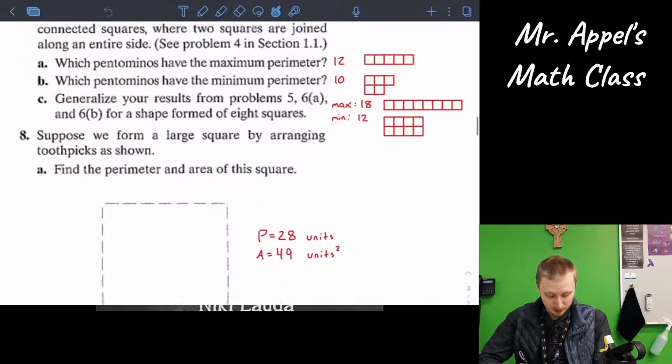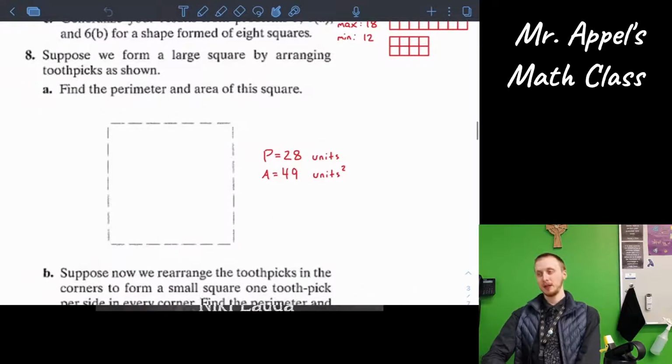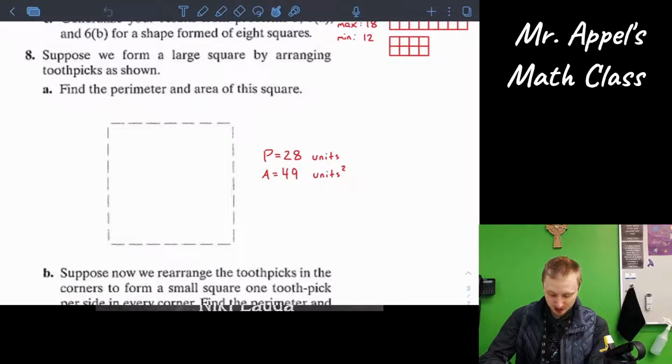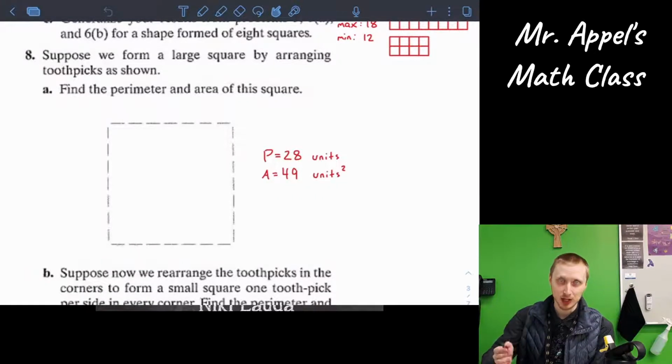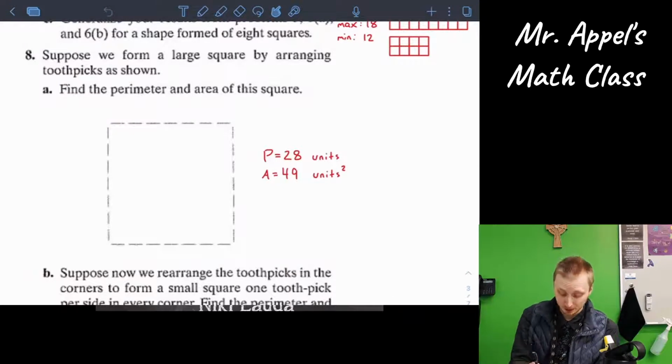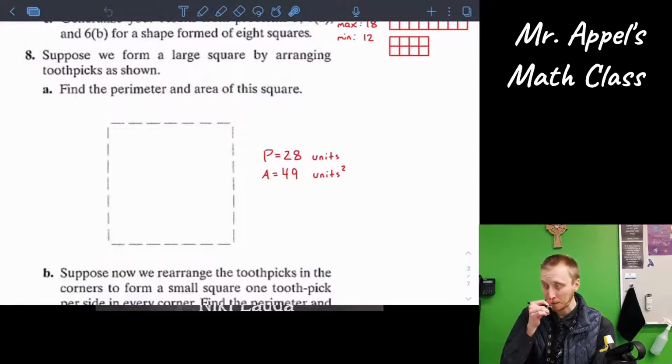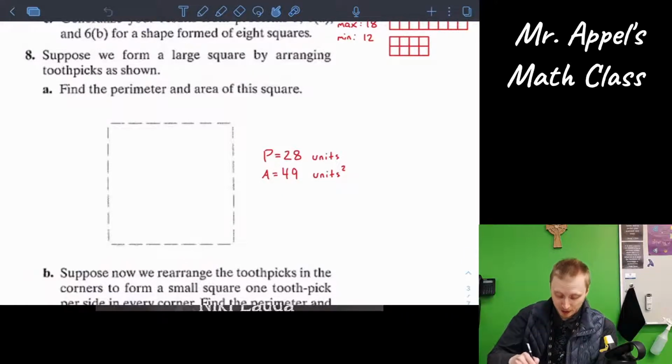Okay. Number 8. Here is a great chance to see how perimeter and area truly change or don't change, right? So we start with our basic square. 7 by 7 toothpicks on each side, so we have a perimeter of 28 toothpick units and an area of 49 units squared. That's our baseline.